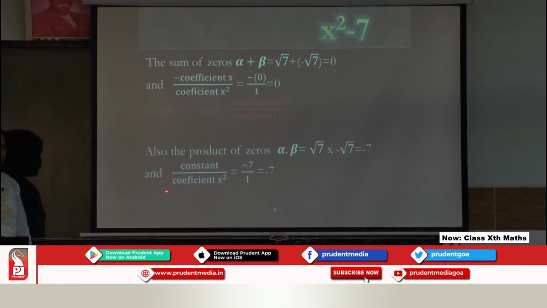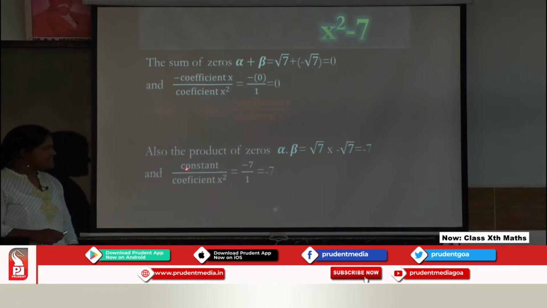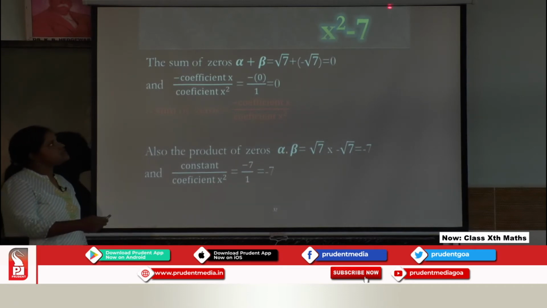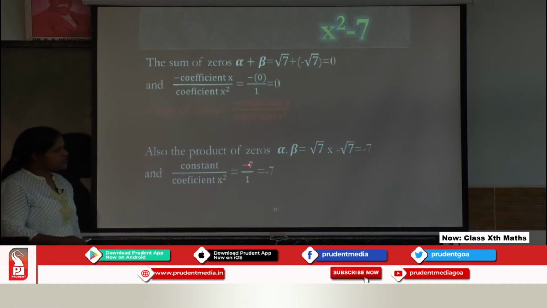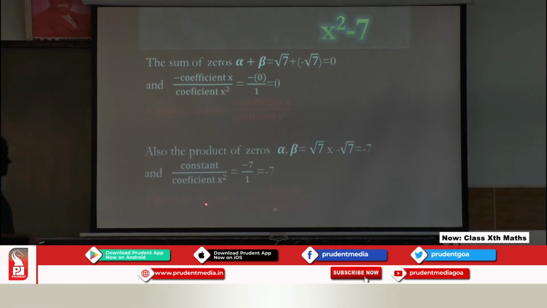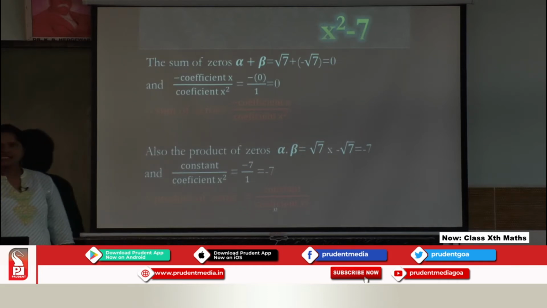It is constant upon coefficient of x square, that is c upon a. Now, c is the last term constant which is negative 7. So, I wrote it over here and coefficient of x square is 1. So, negative 7 upon 1 is negative 7. Again both answers are matching, hence it is verified. Therefore, product of zeros is equal to constant upon coefficient of x square.